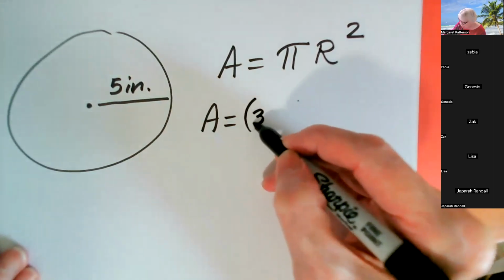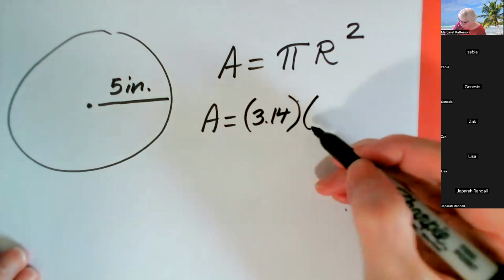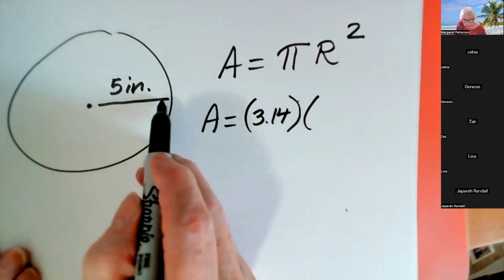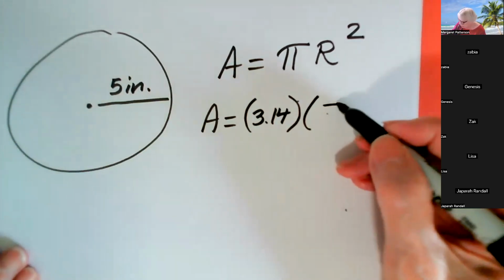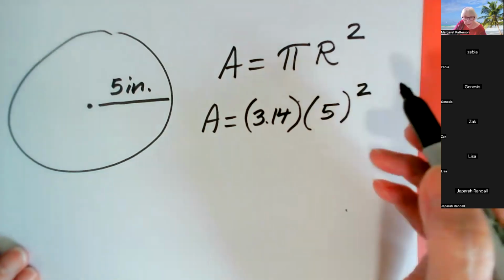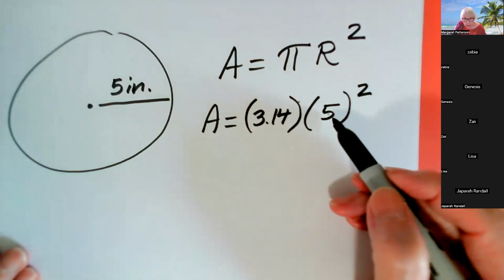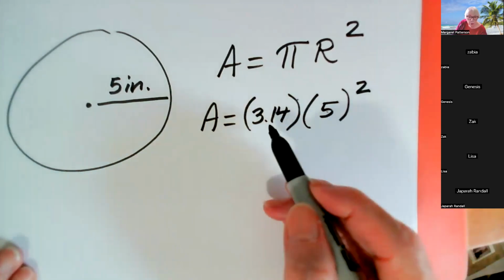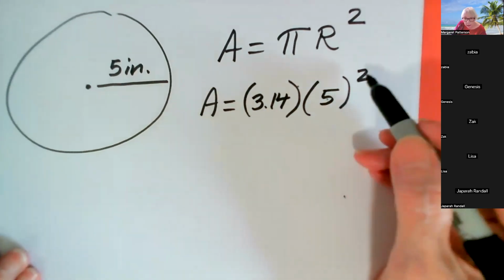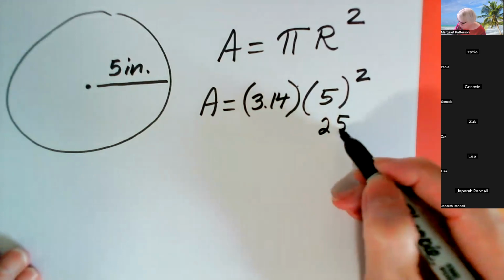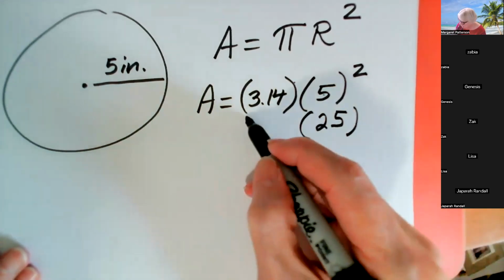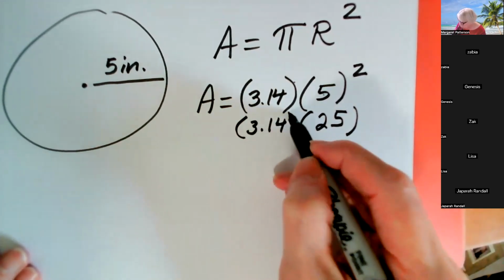The pi is 3.14, but the radius, whatever the radius is, has to be squared. Order of operations makes you do squaring before you do multiplication. So 5 squared is 25, and that would have to be multiplied by 3.14.